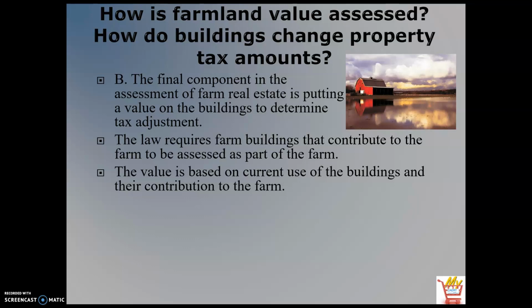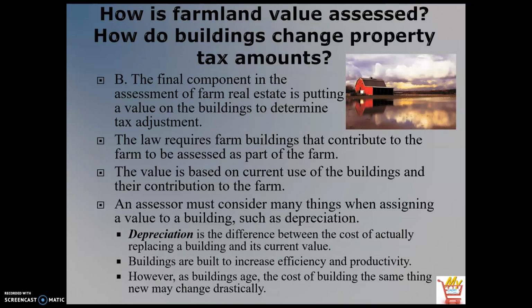So something like a grain bin contributes a lot to the farm. Whereas maybe an old corn crib that you just park your tractor in, yeah, it contributes a little bit to the farm, but does it contribute as much as a grain bin? No. In the grand scheme of things, it does not. So we have to basically agree on what the contribution to the farm is.